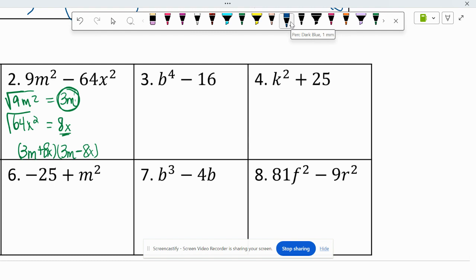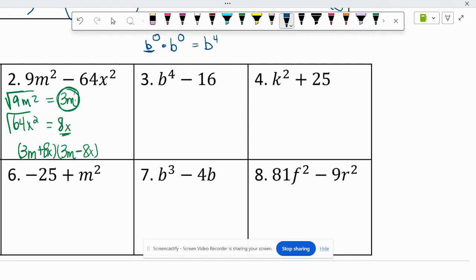So is b to the fourth power a perfect square? How did I make that? What two numbers? Think about your exponent rules. What two numbers did I multiply together to get b to the power 4? They have to be the same. I know that if I take b to some power times b to some power, I'm going to get b to the fourth.